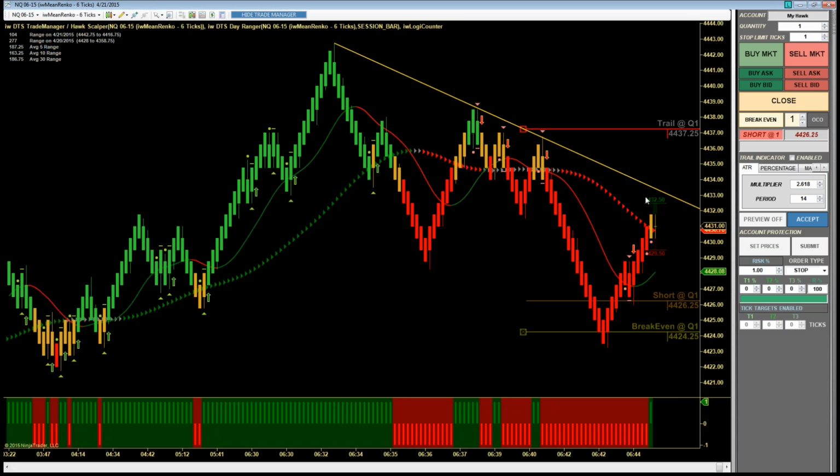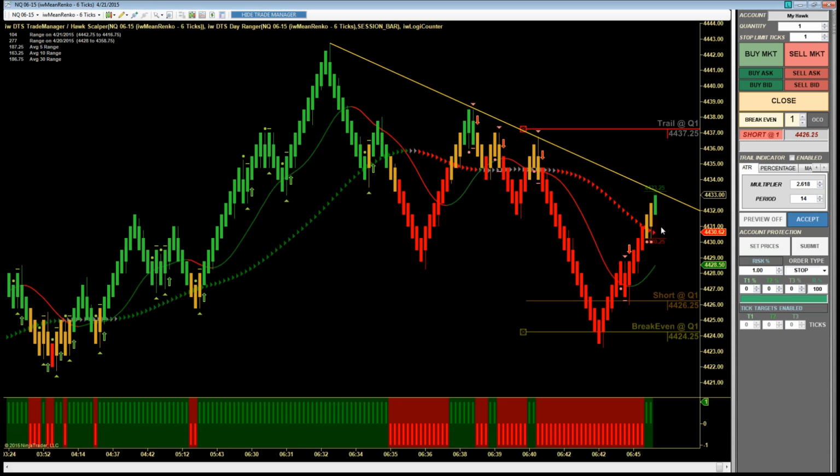See, actually, we would have been nixed on this trade because we're into yellow bars. If it goes any higher, it would have built. There we go. We're going to get another green bar sell.